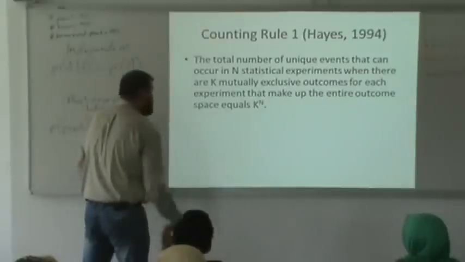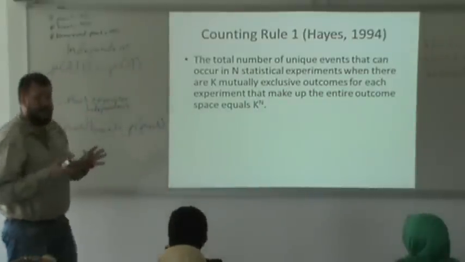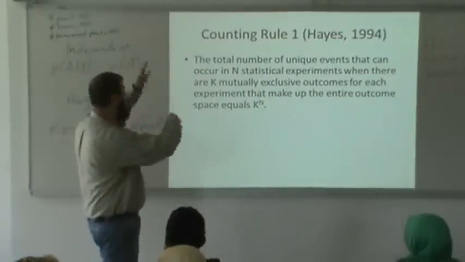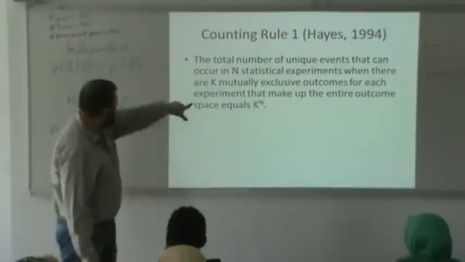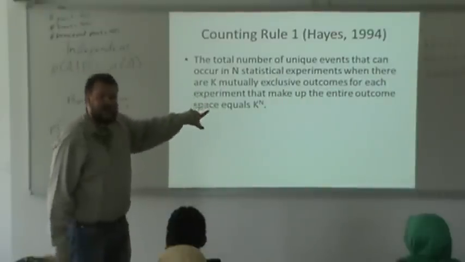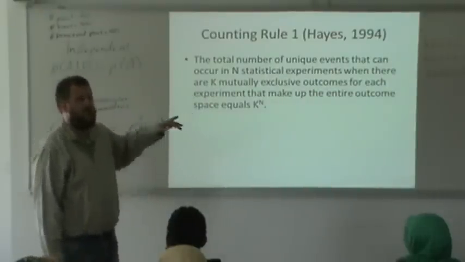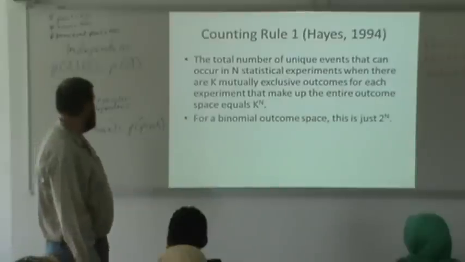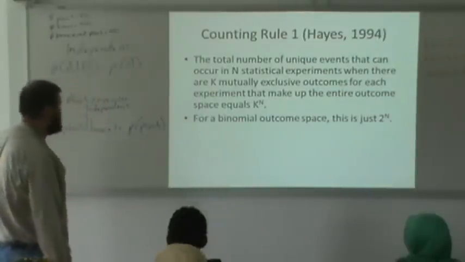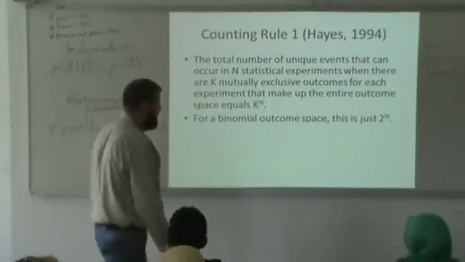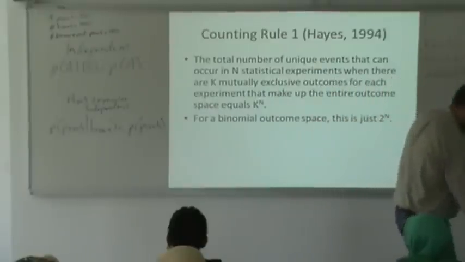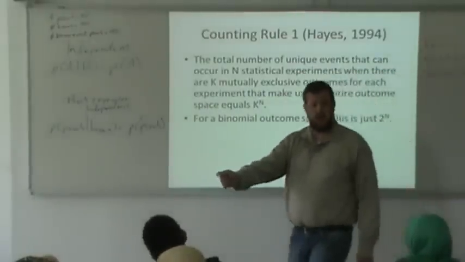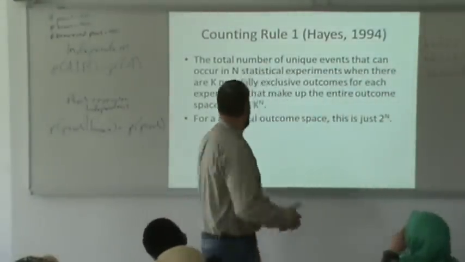Anyway, if we have this, we can very quickly find out how many total different events we have by multiplying K times itself n number of times. So for a binomial outcome space, this is just 2^n. Imagine that we have one coin flip.